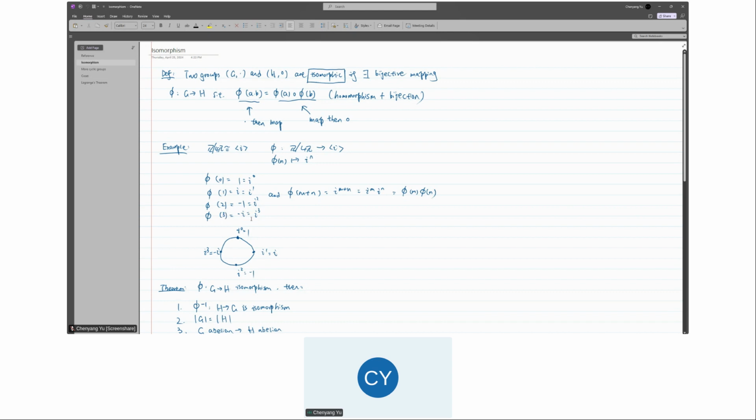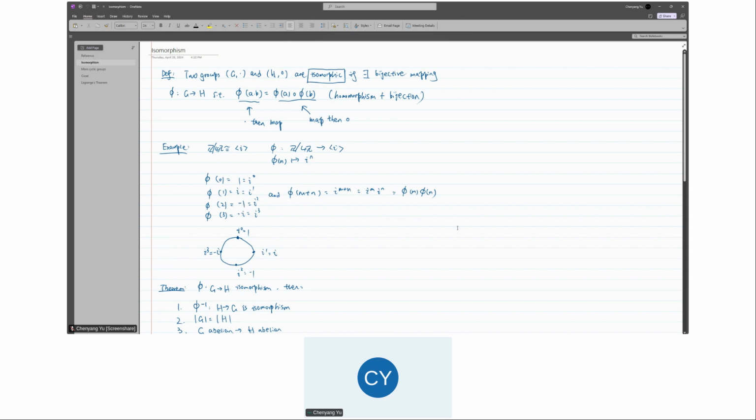And map 3 to i cubed, you get -i. So we can map to every element in the other group, so we cover everything. That group only contains 4 elements: plus or minus 1 and plus or minus i.